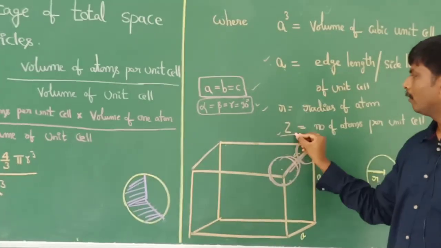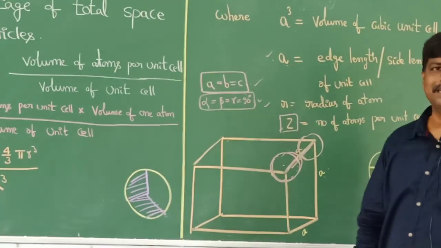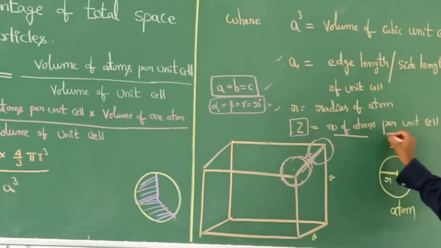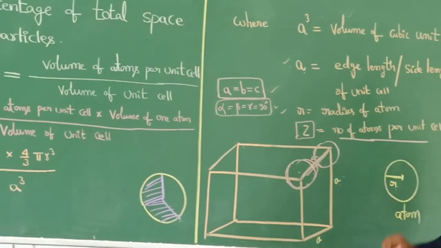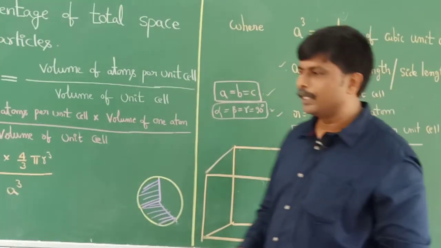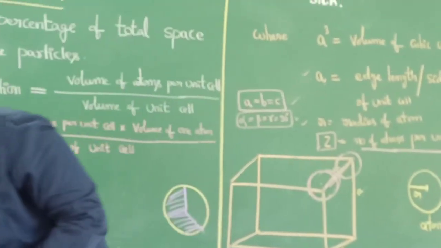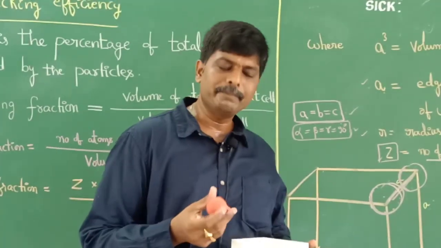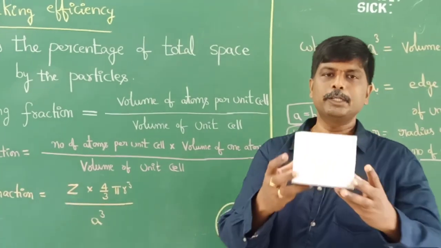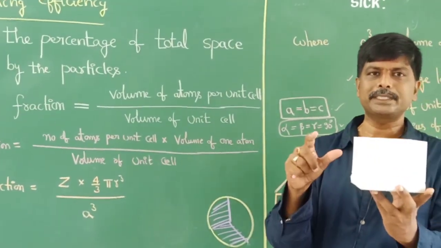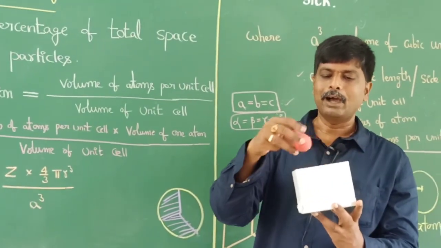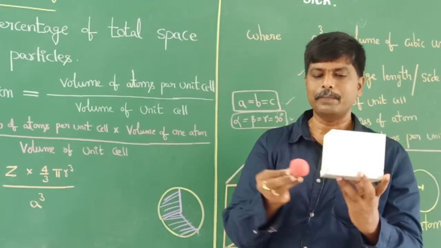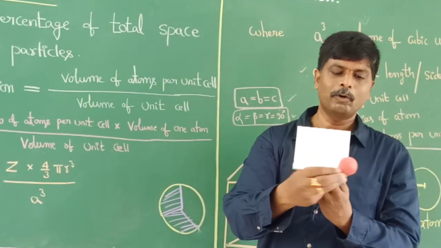One more letter written here, Z. Z is the number of atoms per unit cell. Already I explained in the last class: in a cubic system, if it is a simple cubic system, particles occupy only corners.